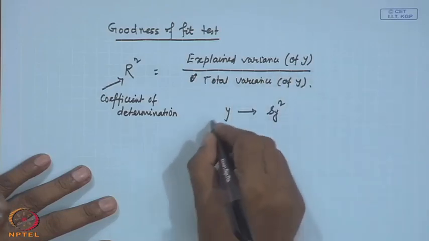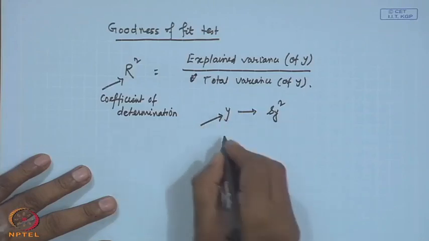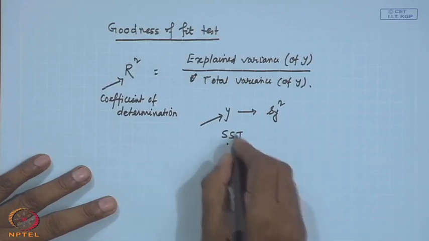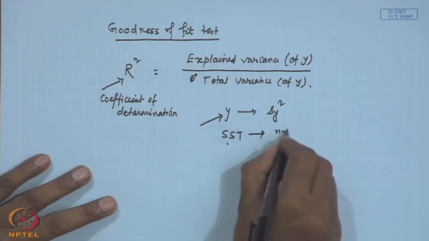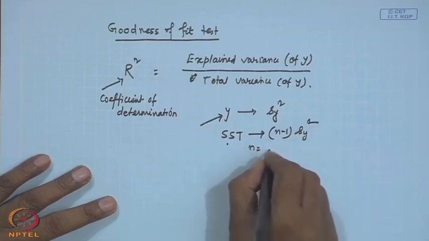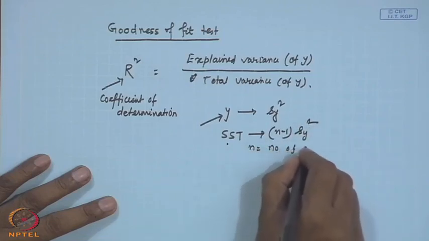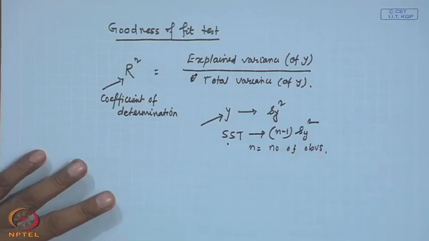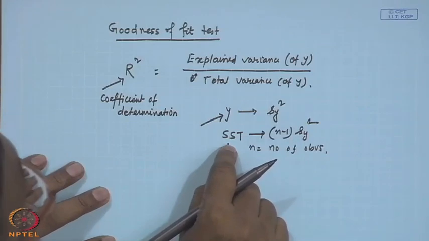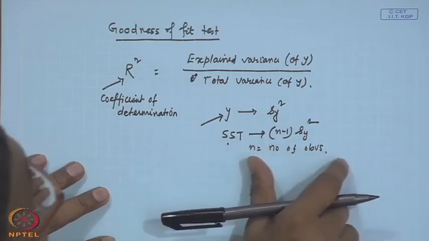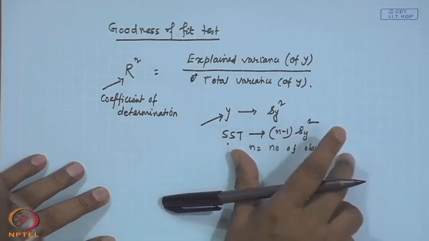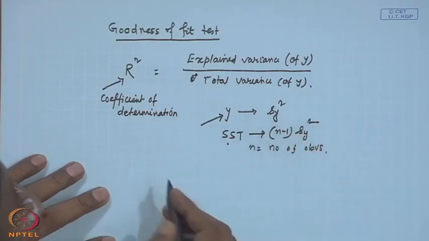Then the total variability in y, if we define it as sum of squares total, will be n minus 1 times s y square, where n is the number of observations. This total variability will be decomposed into two parts: model explained variability plus unexplained variability.